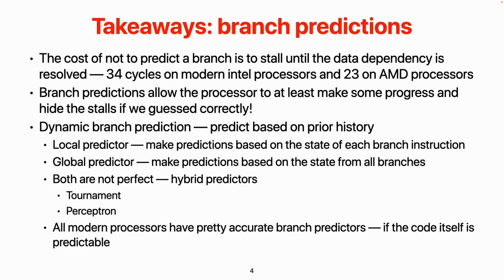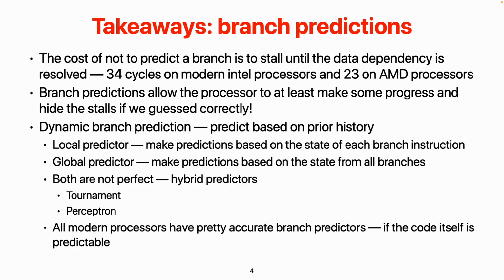However, both mechanisms are not perfect. That's why at the end of the last lecture, we talked about two popular hybrid predictors that are intensively used in modern processors. The first one is called tournament. The idea of the tournament predictor is that we have another level of predictor to predict which predictor will give us the better branch prediction result. That's pretty much like a heuristic-based learning method.